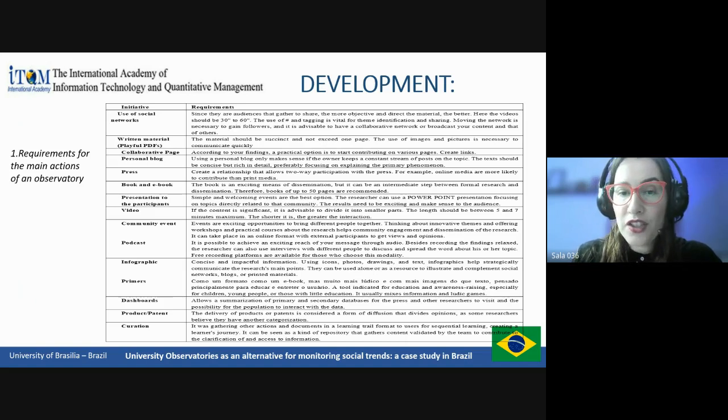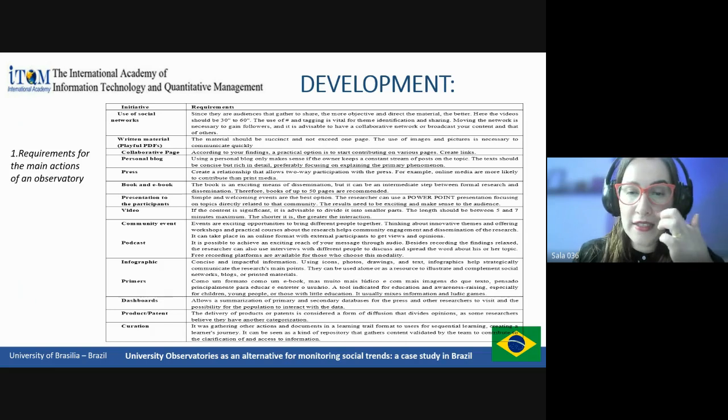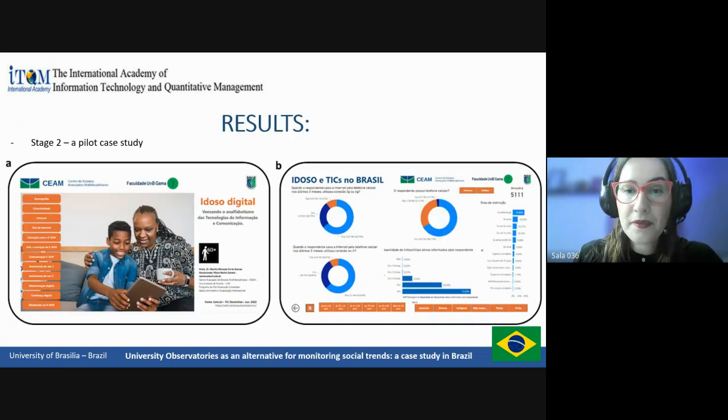Thus, the methodology of this work was divided into two stages. The Research Observatory Digital Older Person Confronting ICT Literacy was created with the initial goal of providing information to society about the reality of the Brazilian older person regarding their integration with technologies in various aspects, such as online shopping, use of government services, and mastery of computer skills, including internet access.